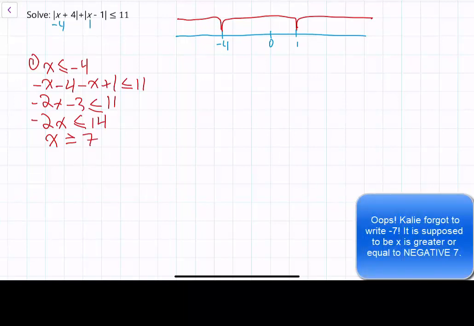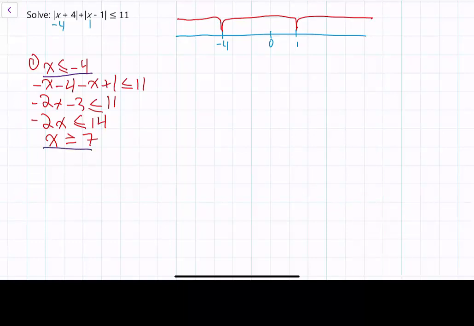In the beginning, we already know that x is less or equal to -4. And now we come up with x is greater or equal to -7. So we have to combine these two to get x is greater or equal to -7, but it is less or equal to -4.